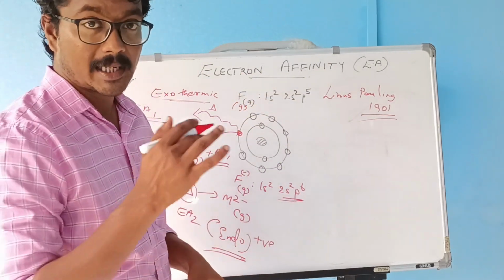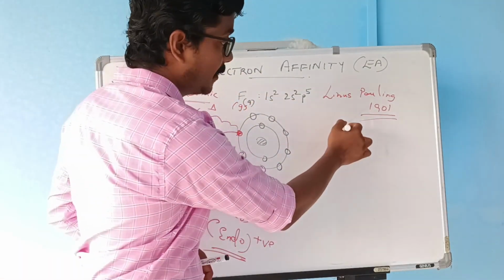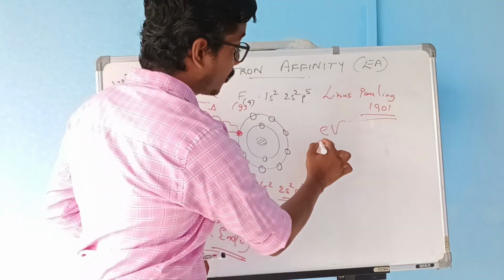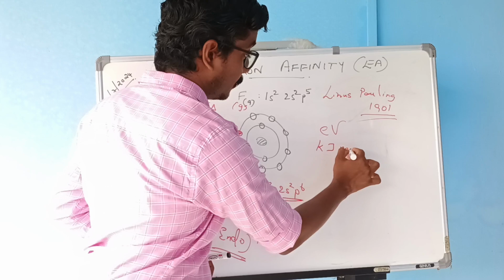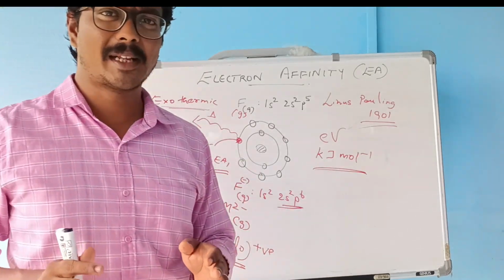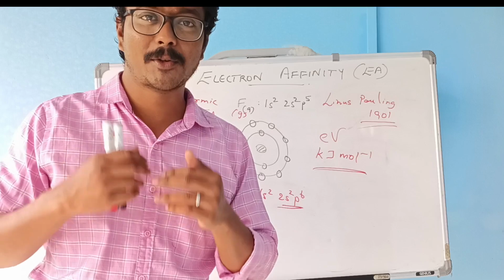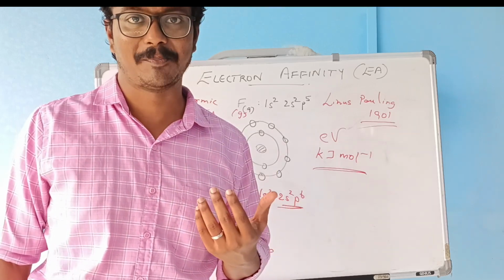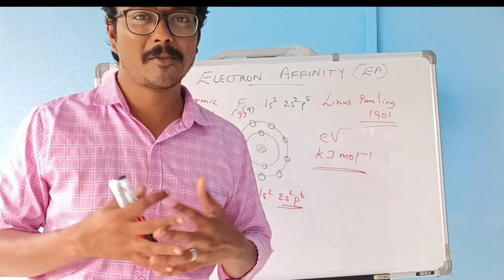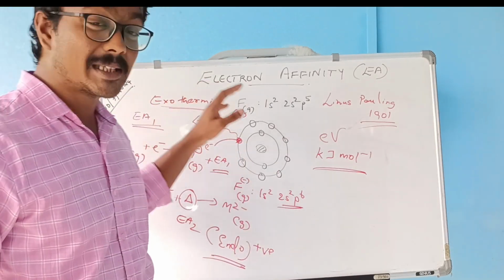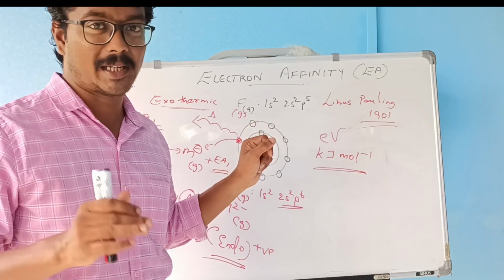He discovered electron affinity, and it is measured in the unit of electron volt or kilojoule per mole. Almost all atoms in the periodic table have the capacity to acquire at least one more electron into their valence shell, and electron affinity is a very important property to determine the periodic trends of almost all elements.